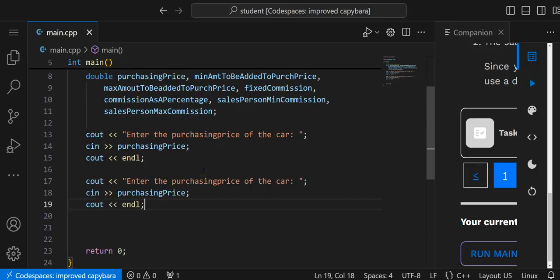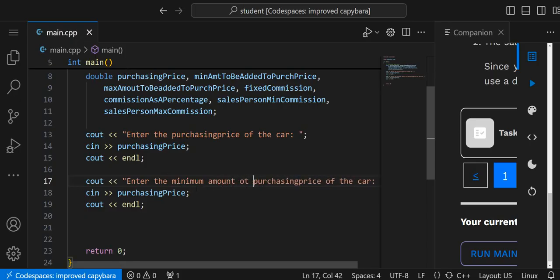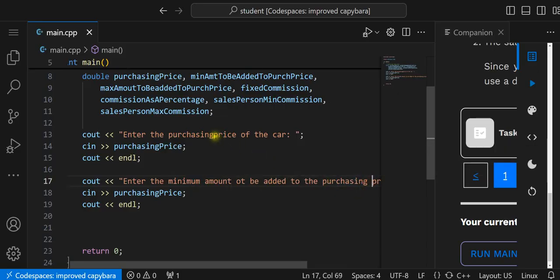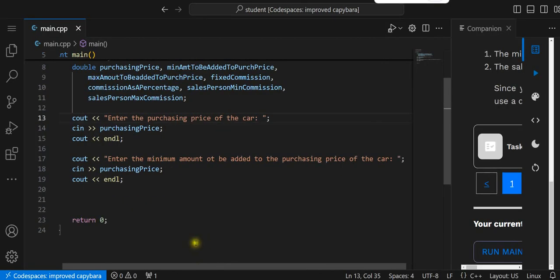Next we're going to enter the minimum amount to be added to the purchasing price of the car. So we see the whole thing.